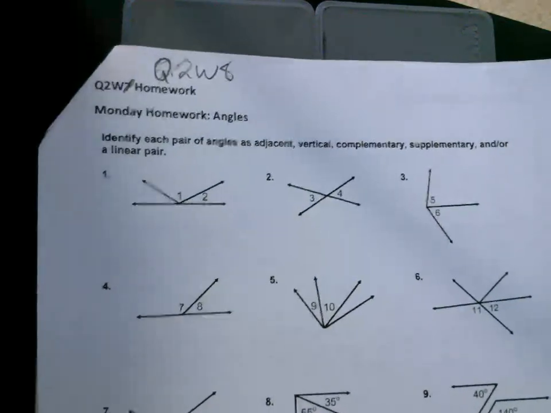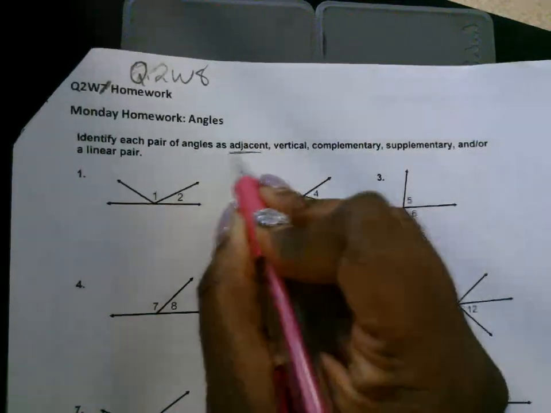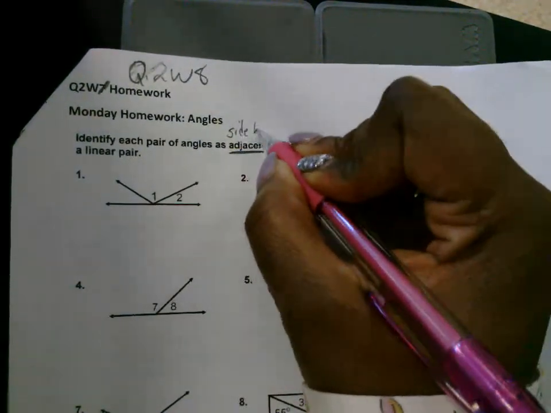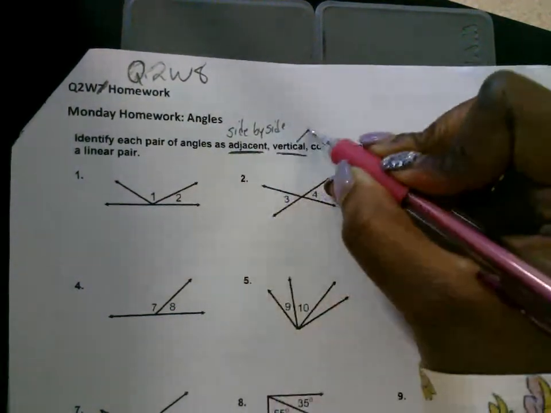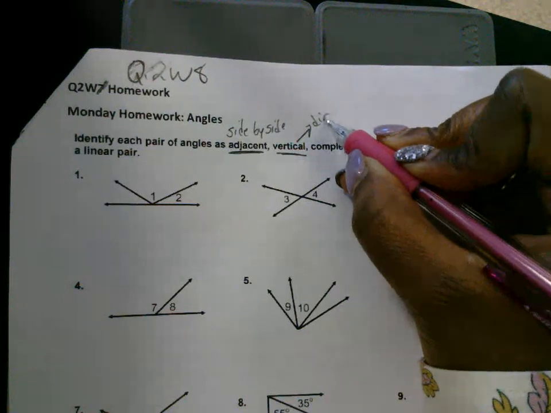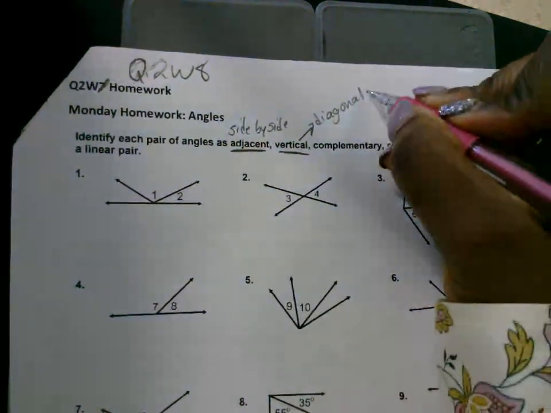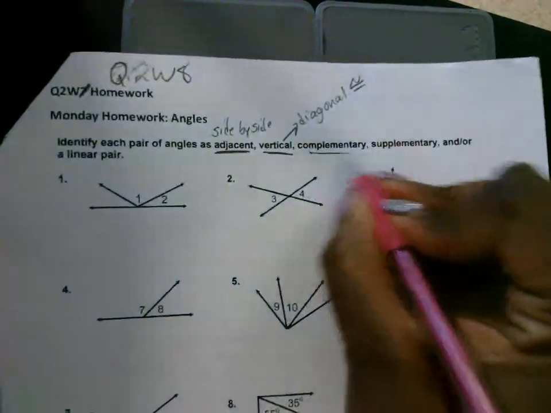In Monday's homework, you are identifying if the angles are side by side, that's adjacent. Vertical angles are diagonal from each other, and they're also congruent, which means they have the same measurement.